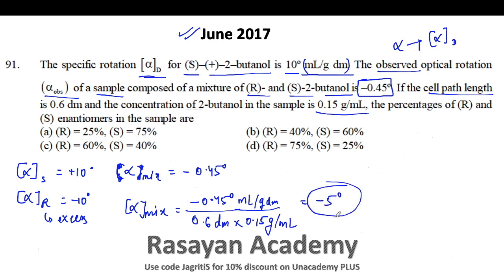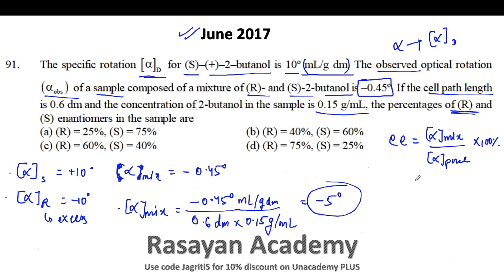Alright, so now you can compare, because all of these are in specific terms. Pure specific, and this is also mixture specific. Okay? The percentages of R and S enantiomer in the sample are, how do you find out? Very simple, just find out the enantiomeric excess, that is your alpha mix upon the alpha pure into 100%.